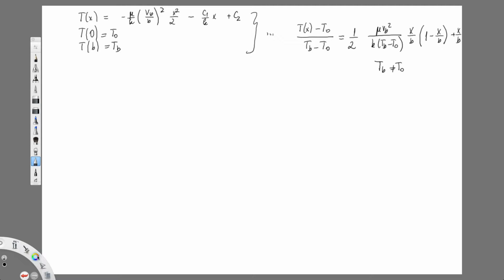There is one number here that stands out. It's called the Brinkman number. It quantifies the rate of viscous dissipation, how much energy converts to heat, and the rate of heat conduction.